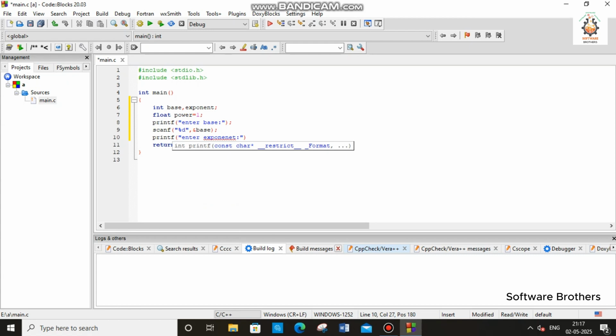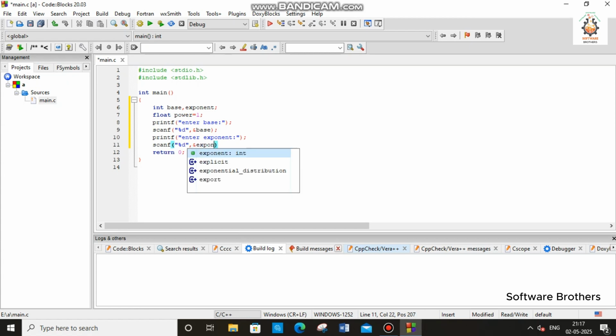We have got an extra e in exponent. Okay, and similarly for the next part, we should include our scanf line as well in order to input this number inside our given program, and this one is actually referring to the exponent.